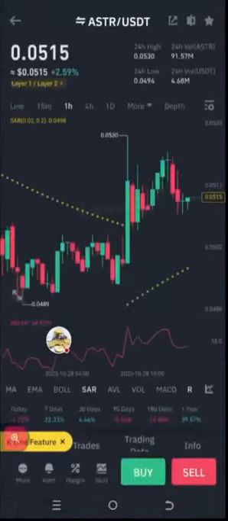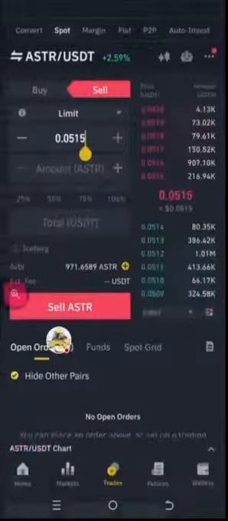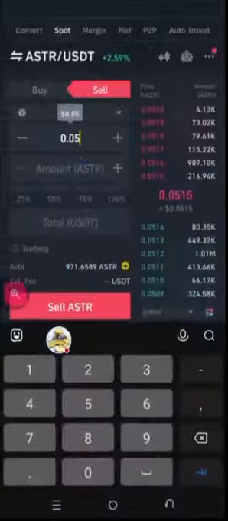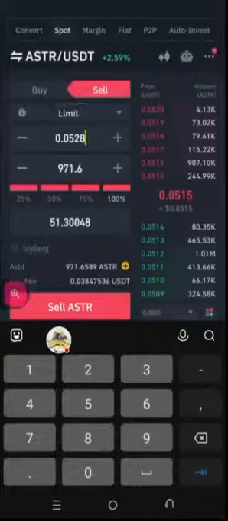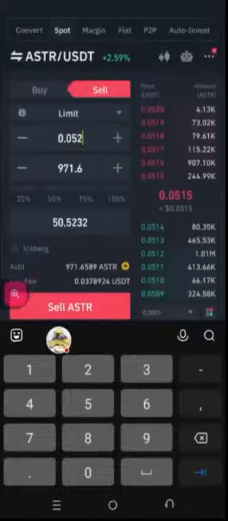Let's sell. What's the highest? 530. Okay. Let's just put 528.